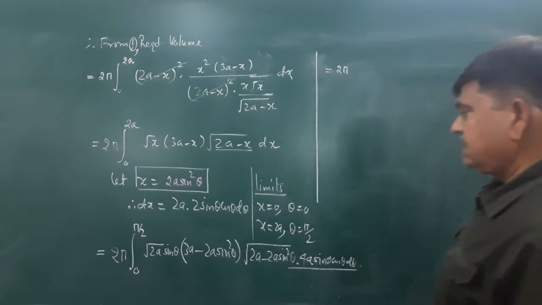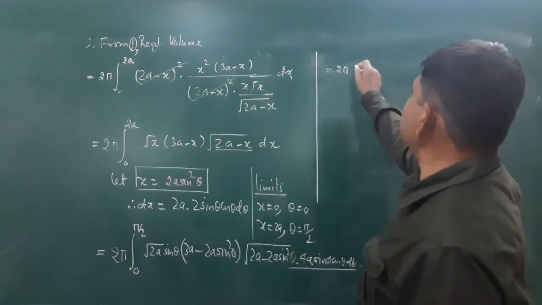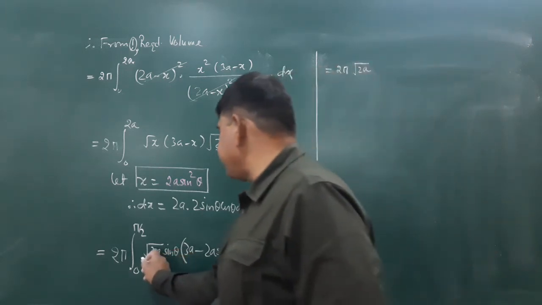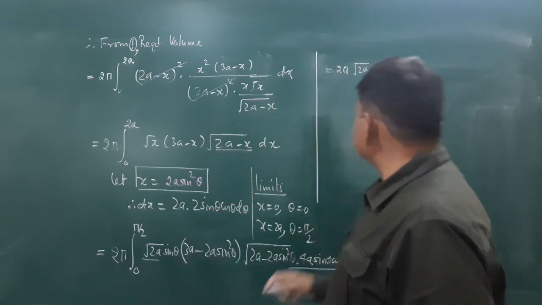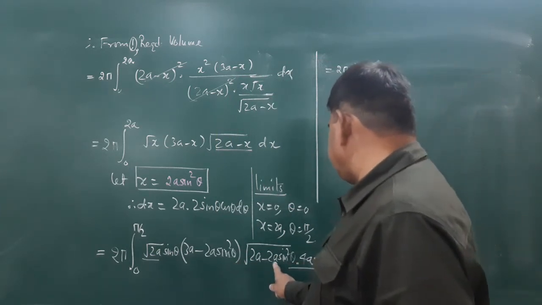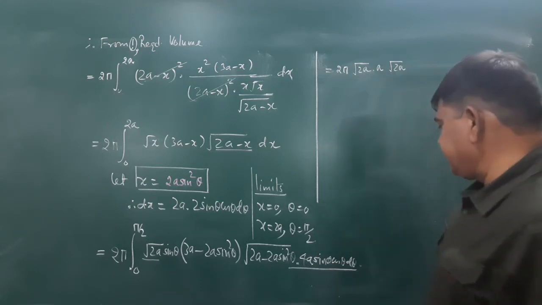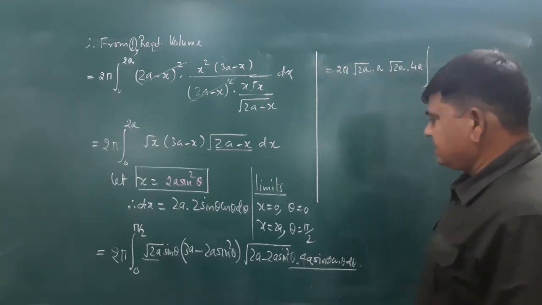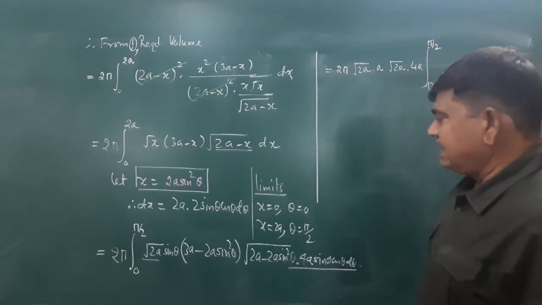Pi. Let us handle the constants. This is root 2a. Here it is root 2a. Then a is common, so I write it here, a also. Then again it is root 2a. Then it is 4a. These are the constants, 0 to pi by 2. Now the left part.